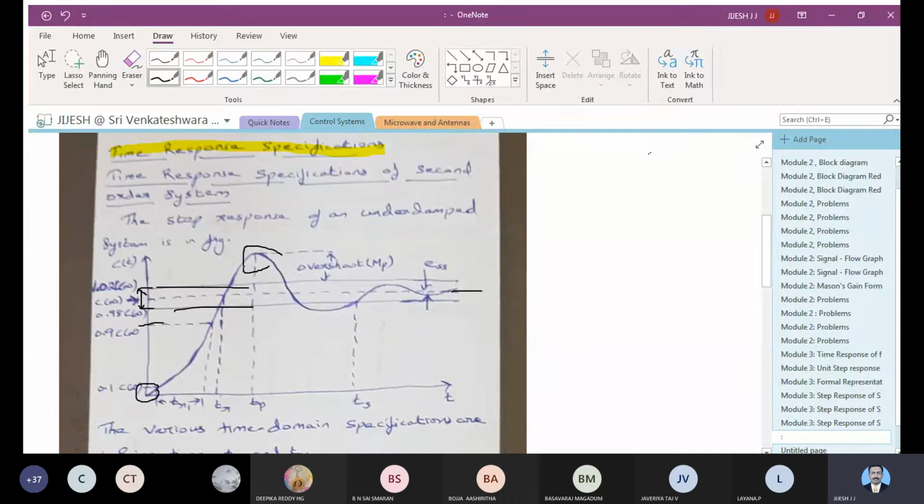We'll be having a few things to study here, that is the rise time, then the settling time, and all those things. We also have some notations like ESS. ESS is called the error, and all the equations corresponding to that we'll be studying in detail. So you can just draw this figure.